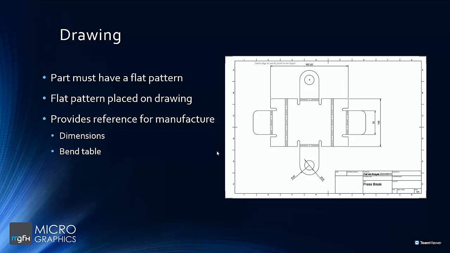I don't have the bend table on there, but you are able to provide this drawing as a reference for manufacturing. You'll have the dimensions as well as any notes, material, thickness, as well as bend tables. In the demo coming up, I'll show how to create this drawing, and we'll also add the bend table to the drawing.